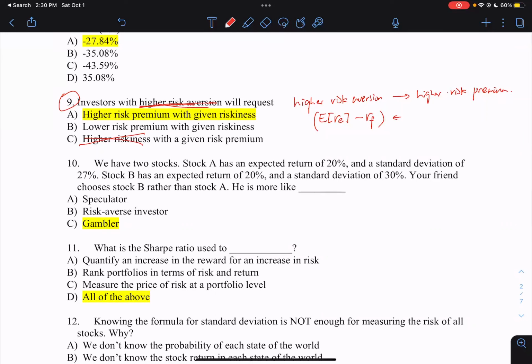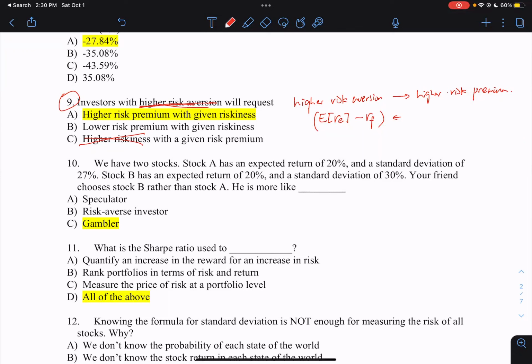It's like, for example, you're going to take an exam, and the exam score will be the reward for your effort. The higher the effort you put in, the higher the score you're expecting, right? Similar here: for risk-averse people, when they invest in the risky asset, they're making something like an effort, or they are sacrificing something.